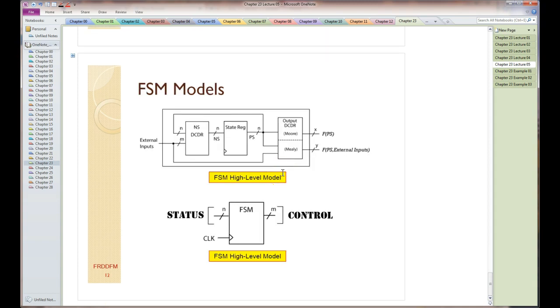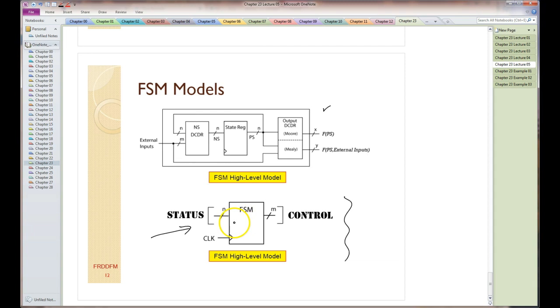And lastly, we have our foundation model as well as our general model. And once again, so here's our general state machine model. It has 2 decoders and state registers, considered a sequential circuit because it has a sequential element in it, even though the 2 decoders are in fact combinatorial. This is our high-level model. This is our foundation model, which works very well with our other foundation models in that we are looking at the status of the circuit that this state machine is controlling.